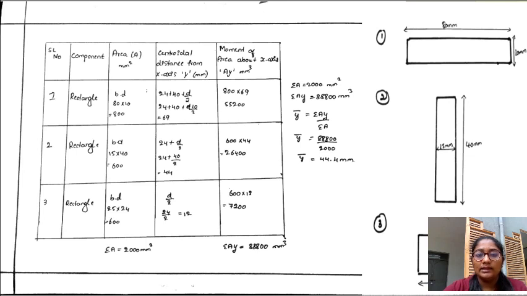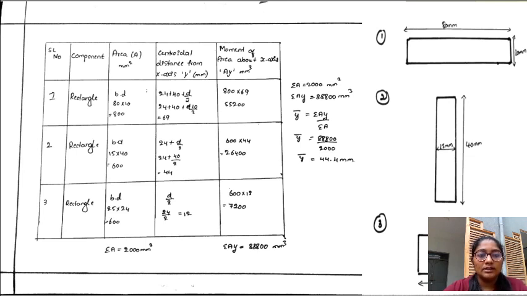We get the answer 69. The moment of area about x-axis is area multiplied by the centroid distance from the x-axis. We get 800 into 69, which is 55,200.